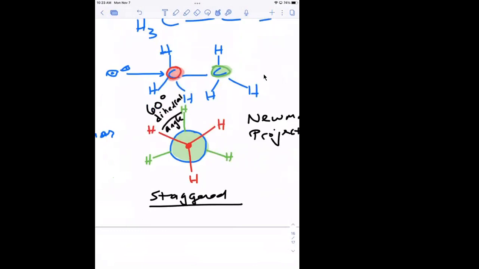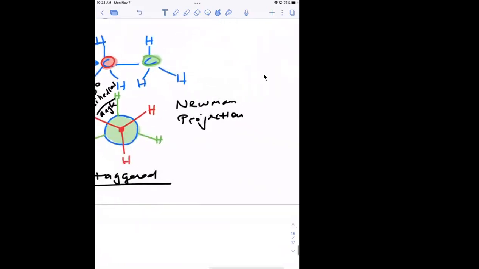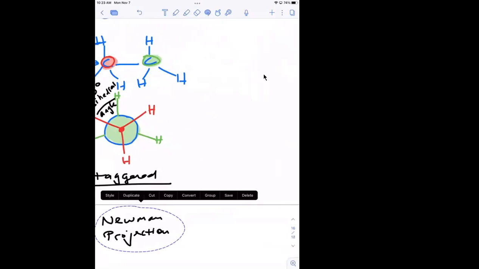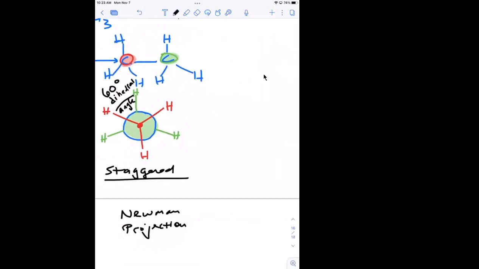Right? I wish I had brought my models. I can take it and rotate it so that all the hydrogens overlap. So that'll give me another conformation. So let's draw that. That conformation is going to be what we call the eclipsed conformation.